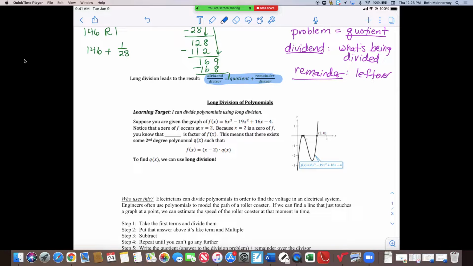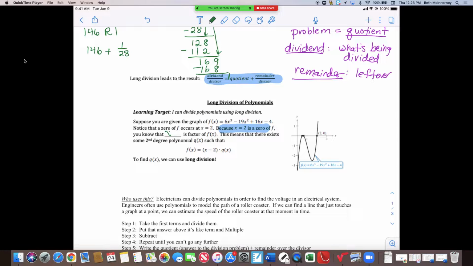Because x equals 2 is a 0, what is a factor then? If I were trying to write the equation, what can I write down from x equals 2? Good job.